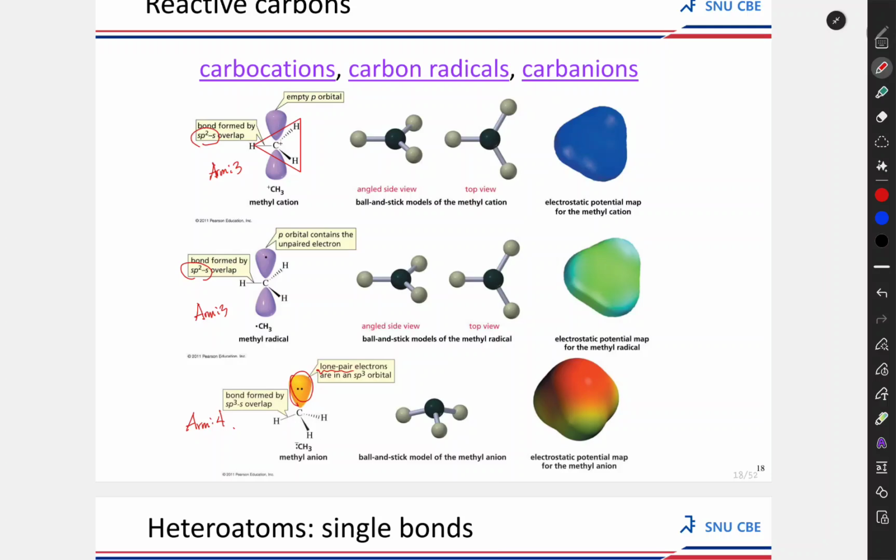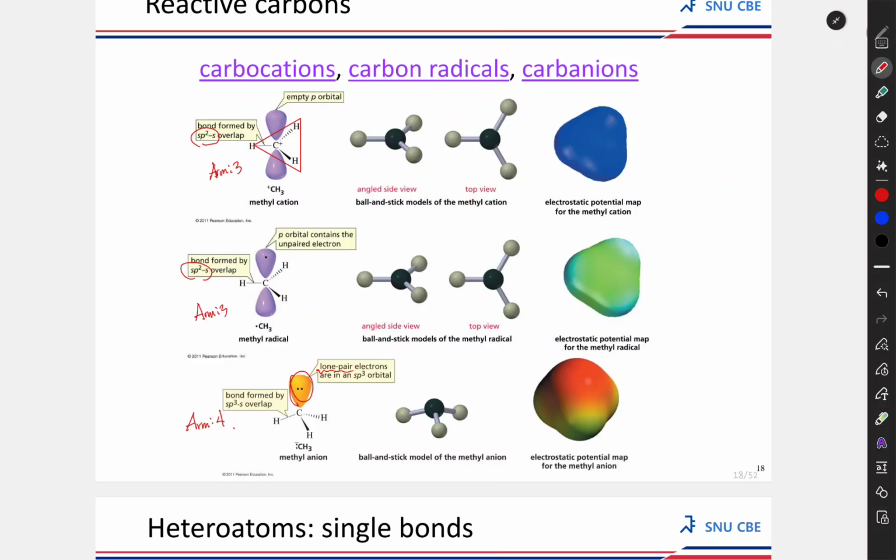So in this orbital model, you can guess there's one sp3 orbital, and the lone pair, two electrons, is sitting there. So this lone pair is residing on an sp3 orbital.